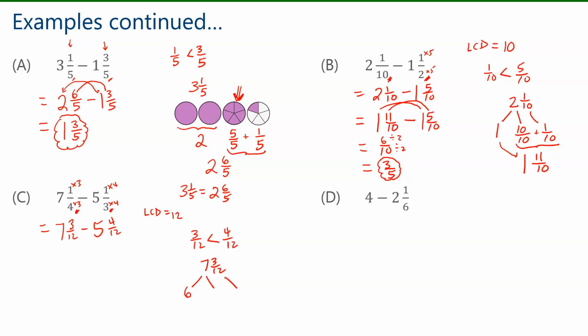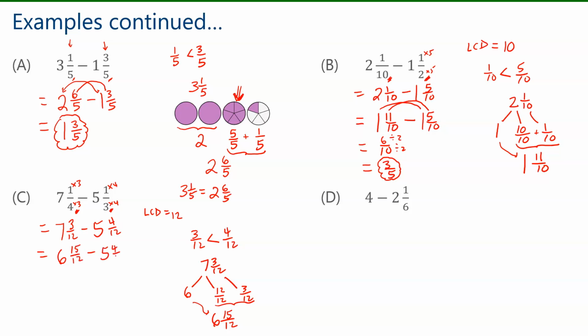So I take away a whole from the 7, but then I take that whole and make it into a 12 over 12. And put down my 3/12. Put it all together. If I add up 12 over 12 and 3 over 12, that gives me 15 over 12. And scoot the 6 down. So 7 3/12 is the exact same thing as 6 and 15 over 12.